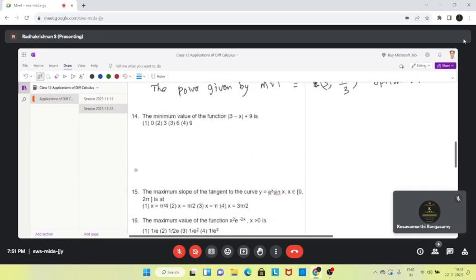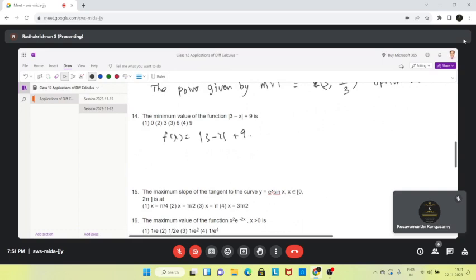Okay. Next problem. The minimum value of the function mod 3 minus x plus 9. So the minimum value means how do you find the minimum value? So we have to differentiate and equate it to 0 and solve for x.